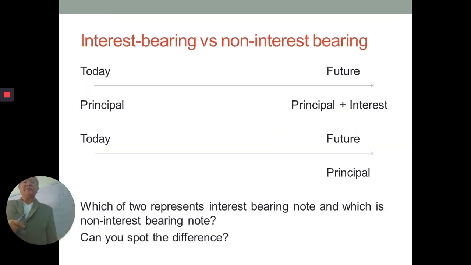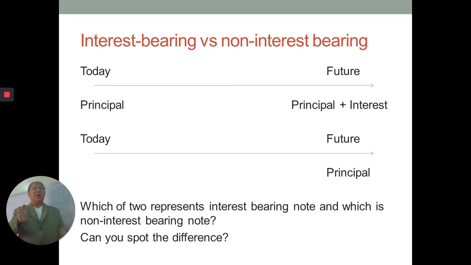Now, what is the difference between interest-bearing and non-interest bearing? As you can see on the slide, if you look at the time frame, today and the future. In the first scenario, today you have the value of the principal.